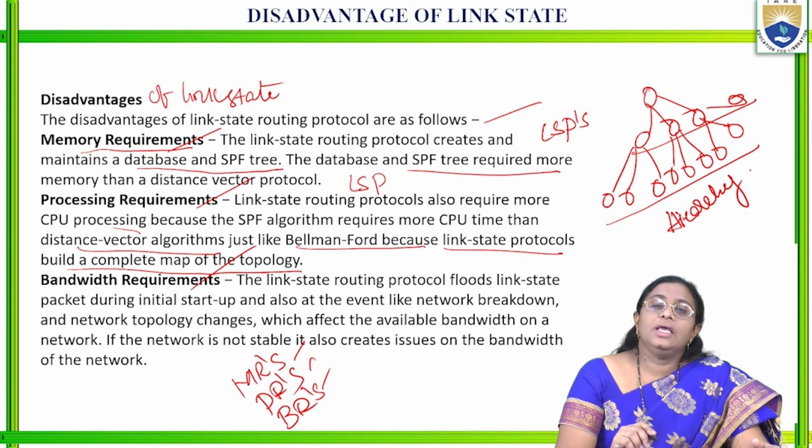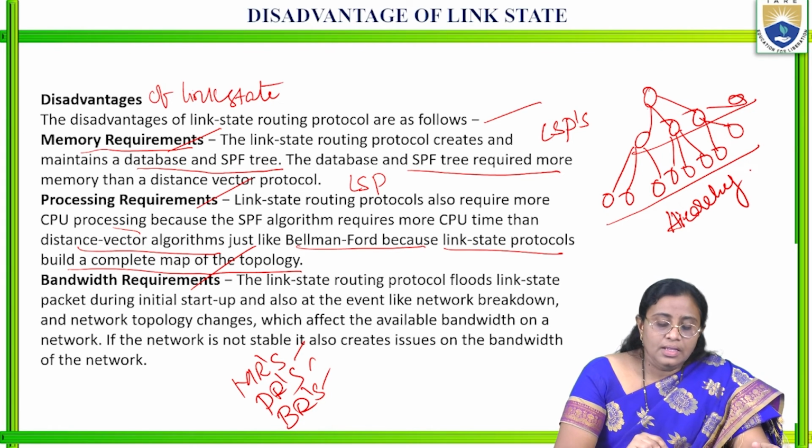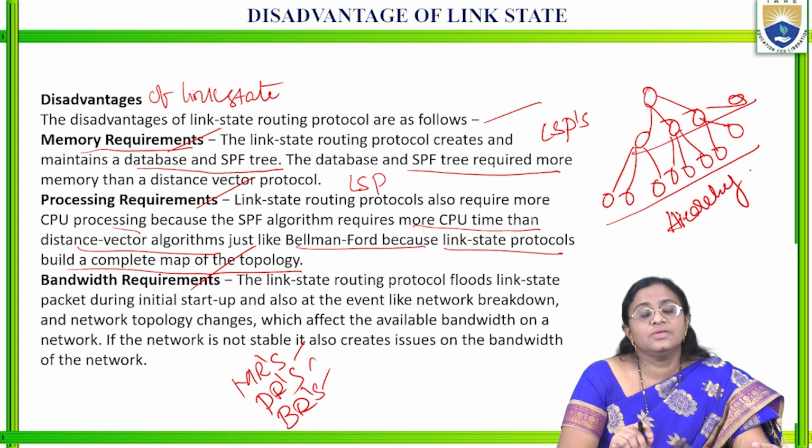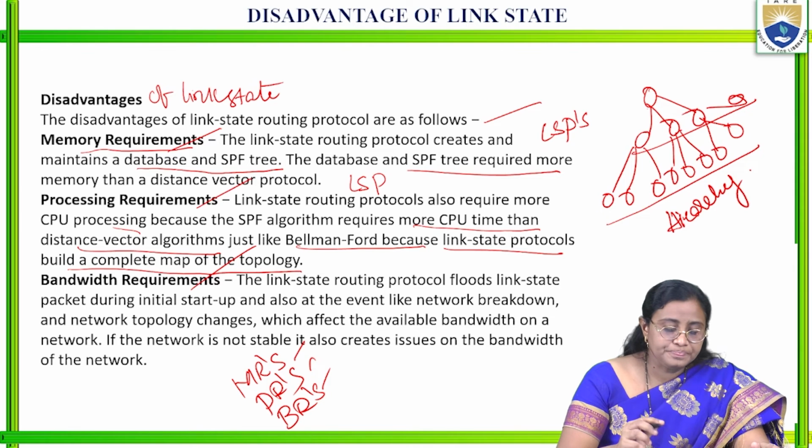So on the processing requirements, compared with the distance vector routing algorithm, it requires more CPU time to process the packets associated with the subnets while transmitting from one router to another, from one node to another node.